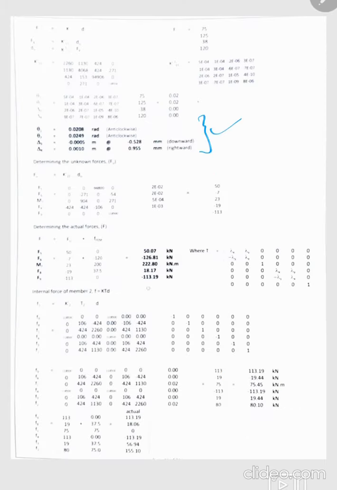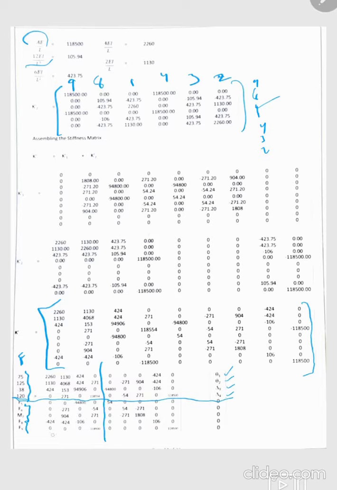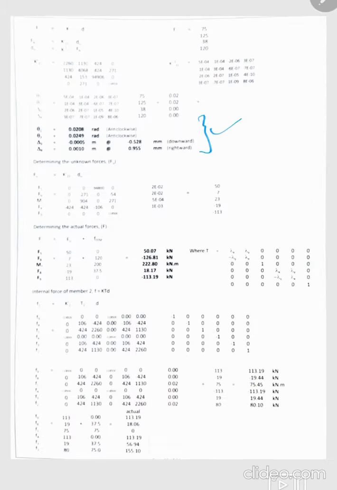Find them using the same matrix, so you will get this matrix, this one, the K21. Okay, and these are the values that you get.